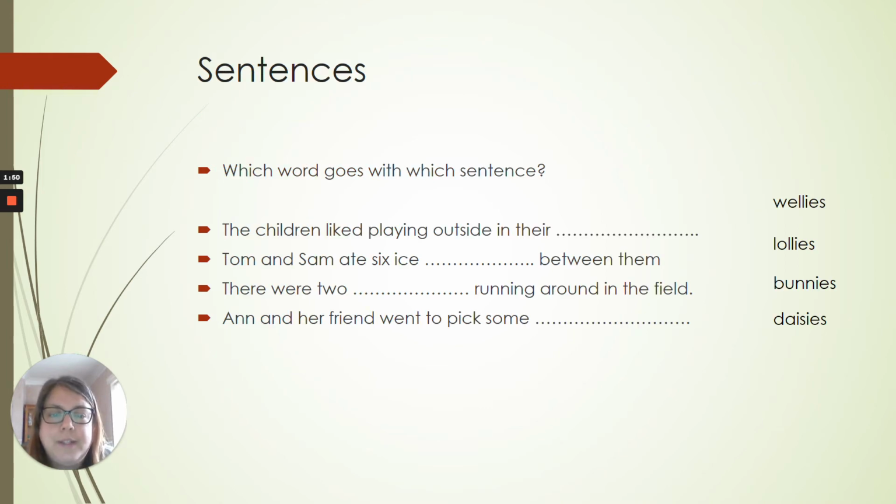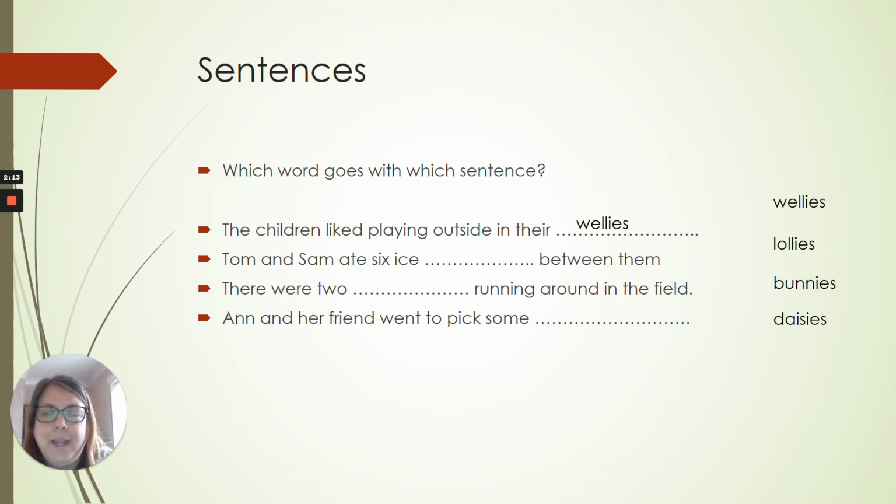Now let's have a go at these sentences. So pause the video, have a go at reading them, find out what the missing word is. The words are in the corner here just to help you a little bit. Pause the video and have a go. The children liked playing outside in their... It was wellies. I'm sure you got that one right.